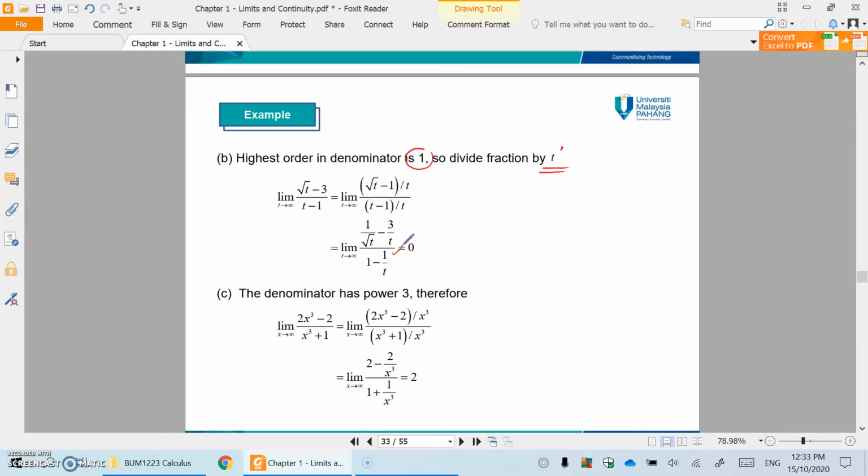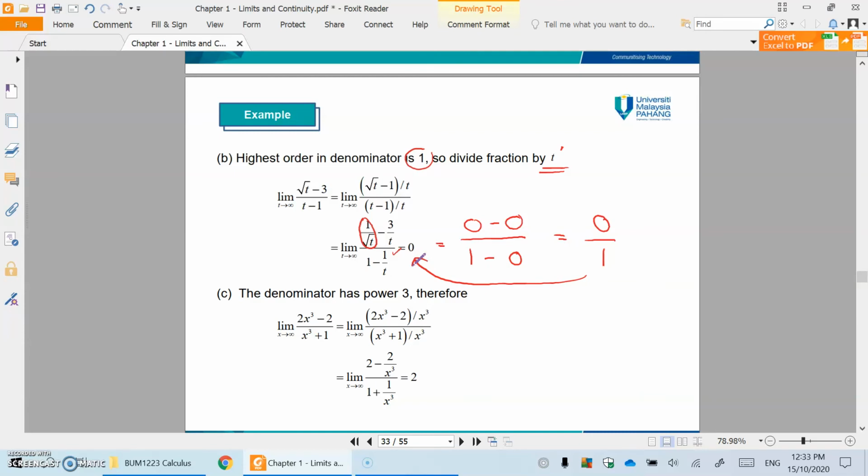So 1 over infinity, we will get 0, minus 3 over infinity, also 0, and then 1 minus 0. So we will have 0 over 1, which is equal to 0.